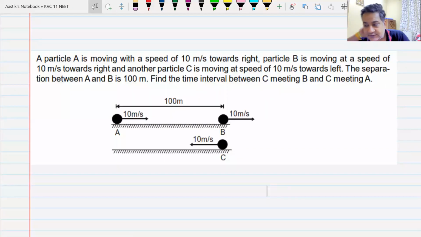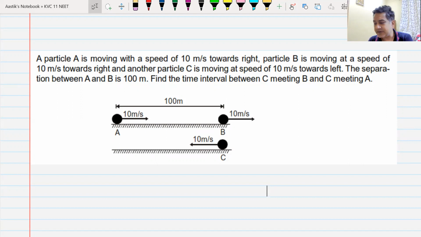The problem goes like this: a particle A is moving with a speed of 10 meters per second towards right. Particle B is also moving with a speed of 10 meters per second towards right. Then there is a particle C which is moving 10 meters per second towards left. The separation between A and B is 100 meters.